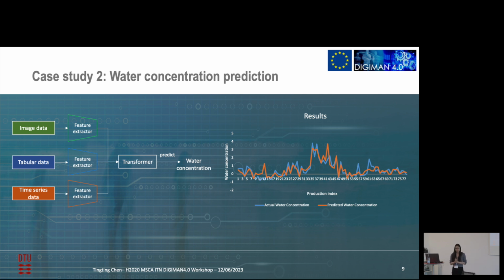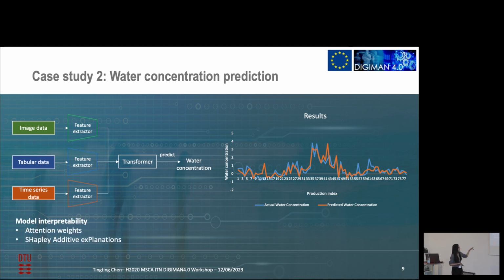And of course, this is not enough. We still need to inspect model interpretability to know which features are more relevant, so that we can have more understanding about what kind of features will cause high water concentration.